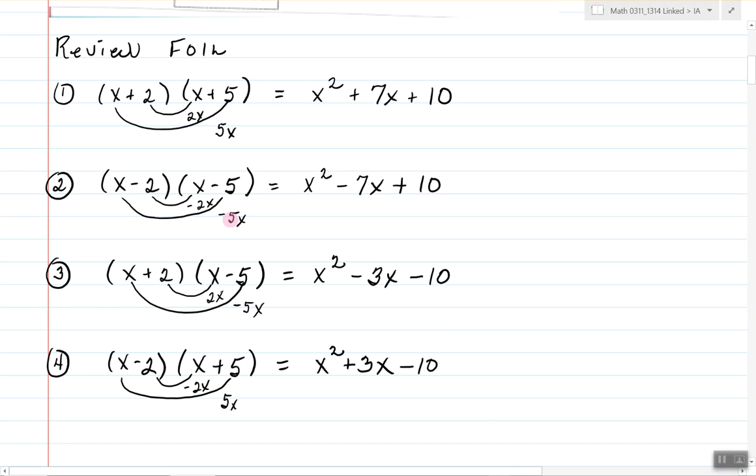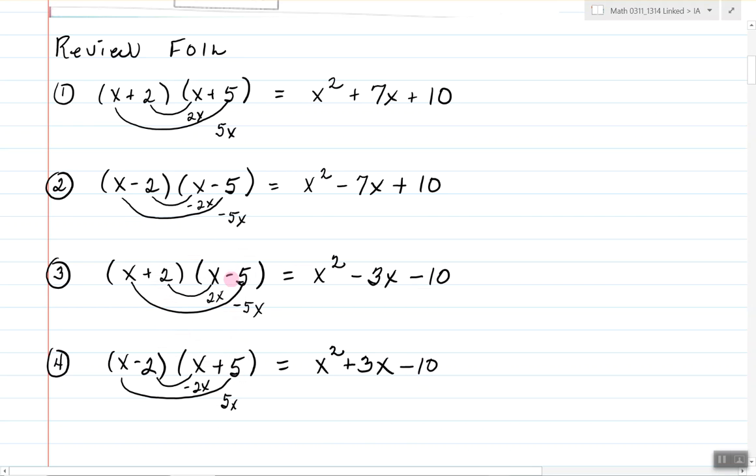So now let's take a minute to compare the third and fourth examples. In each of these, I have one plus factor and one minus factor, but they are associated with different numbers. No matter what, when I multiply a positive times a negative or a negative times a positive, I get this negative 10.